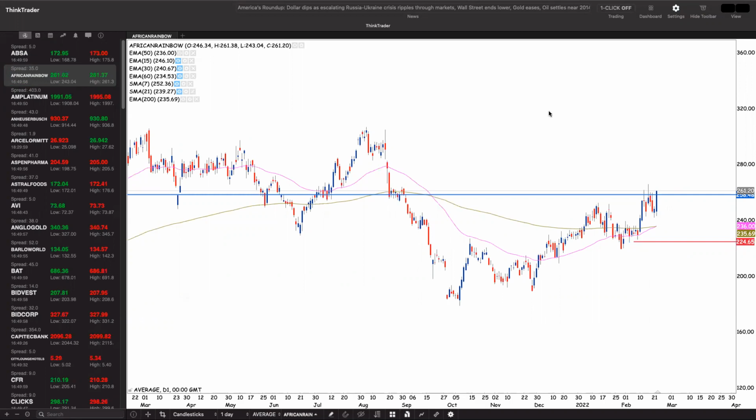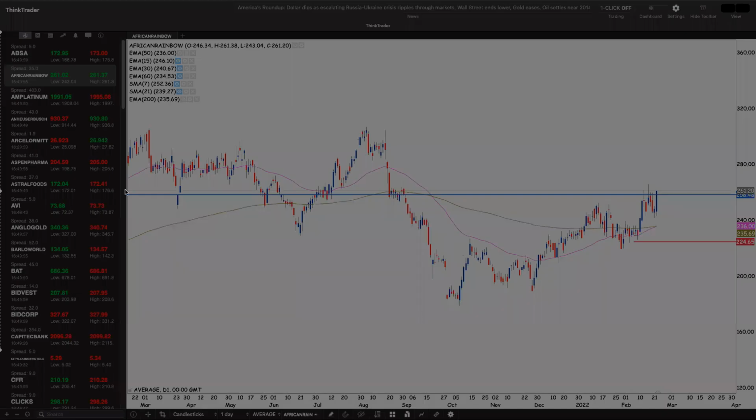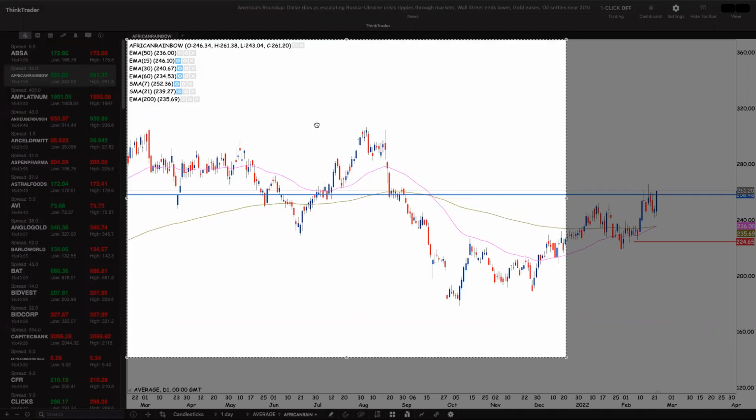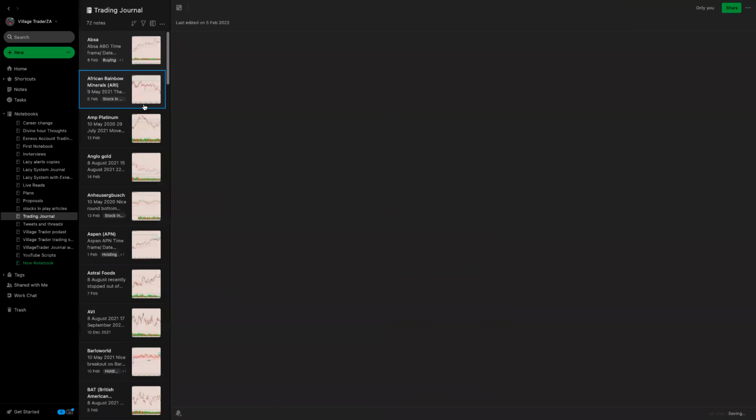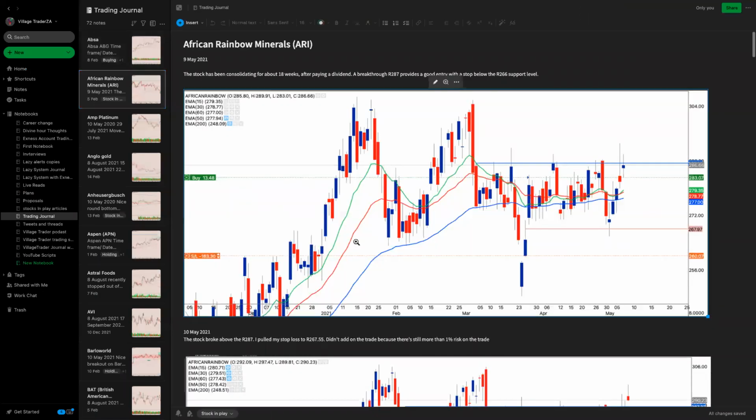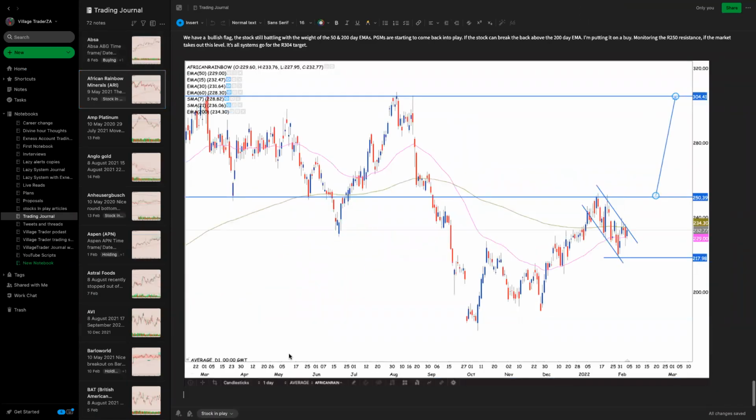Cool. So I've spotted an opportunity. I have a buy, taking yesterday's close as the entry. First, what I do is I take a screen grab, a screenshot, and dump it here.